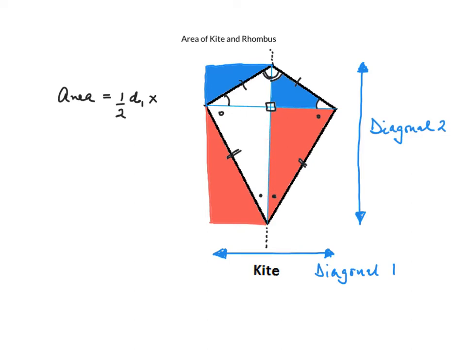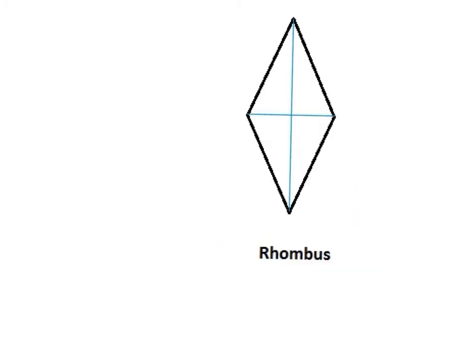I hope you can see that. So this distance, half of diagonal 1, multiplied by this distance here, which is diagonal 2. So to get the area of a kite, we multiply the 2 diagonals together and divide by 2.